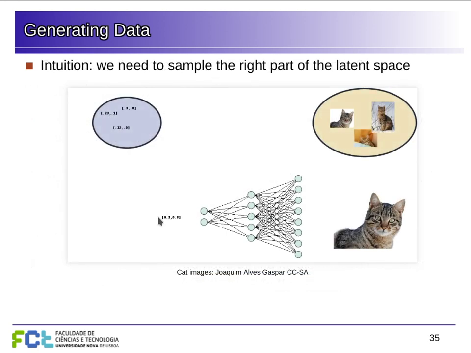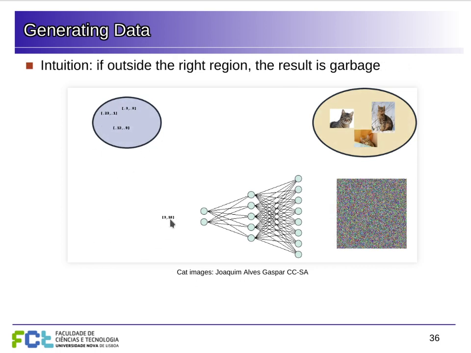We would need to know what the distribution of this latent space here is, so that we could pick a point inside the space where the cat images are encoded, in order that we feed these values into the decoder, and the decoder gives us a cat image. The problem is that if we don't know the distribution of this latent space for the images, we can pick something that is outside these values, and then it will just give us rubbish, noise, because it cannot map from outside that distribution.